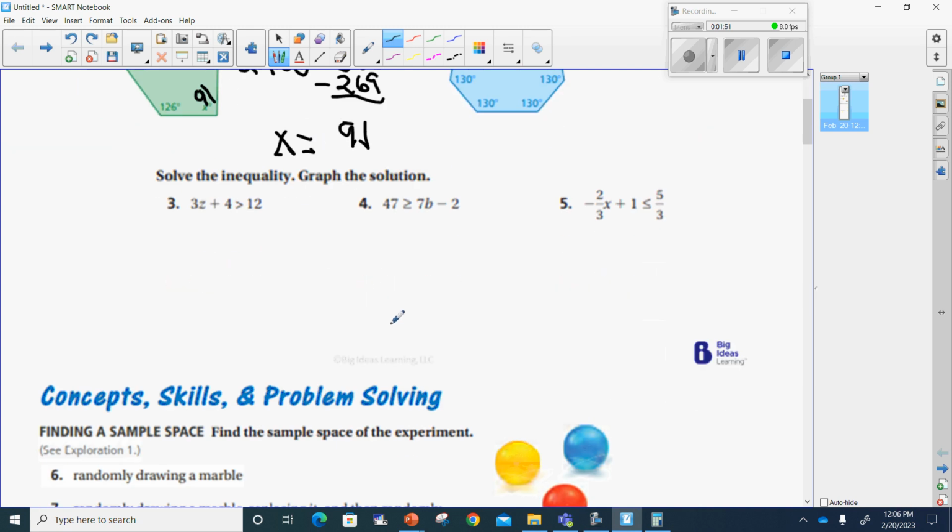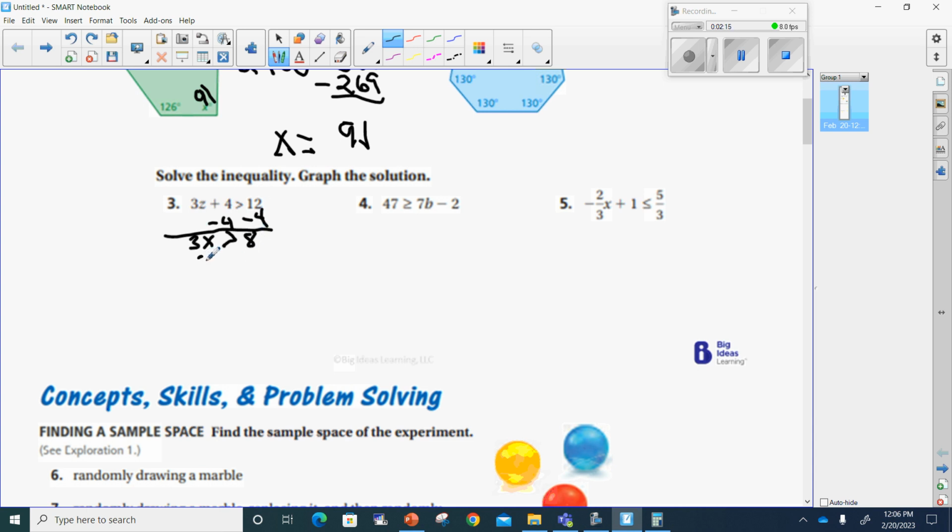Number 2 is for you to do: solve the inequality, graph the solutions. When I do number 3, I see that I'm going to have to combine my like terms on opposite sides, which means I'm subtracting 4 from both sides. When I do this, I got 3x that carries down, and it's going to be greater than 12 minus 4, which is 8.